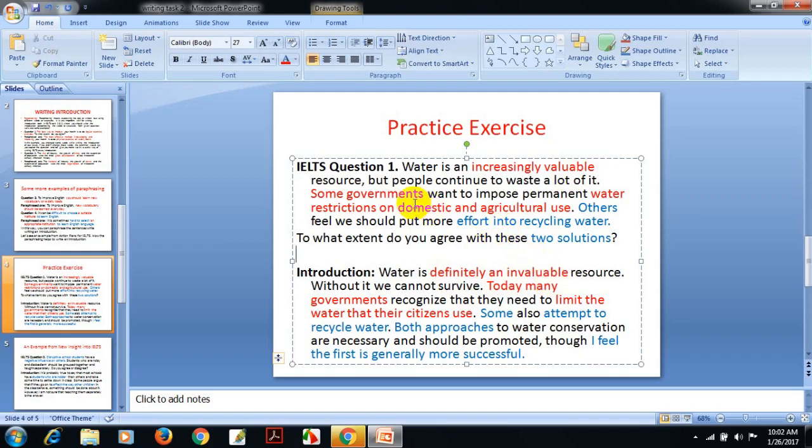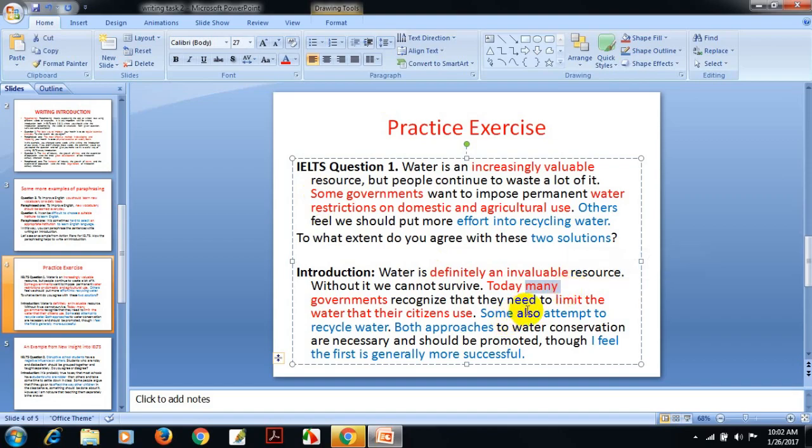And here, some governments, here, today, many governments. At least you changed. You added one word today. Another thing you did is, some governments is changed into many. It is also a skill.